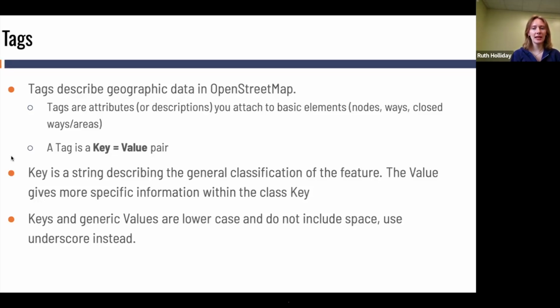Highway is the key and residential is the value. A key is a string describing the general classification of a feature. The value gives more specific information within the class key. Keys and generic values are lowercase and do not include a space. So make sure you just use underscores instead.